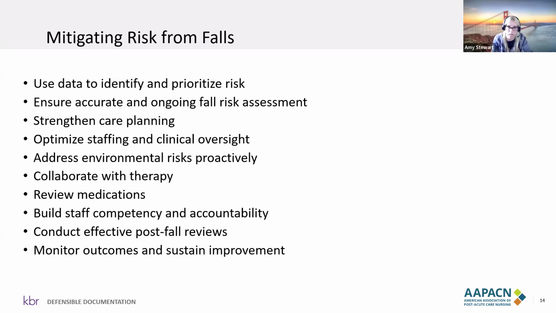So if we know falls happen right after dinner for someone, maybe that's when we plan an activity. If we know it's before, maybe we have appetizers. We work with dietary to have appetizers or something going on so that we're keeping people busy rather than just letting them sit.